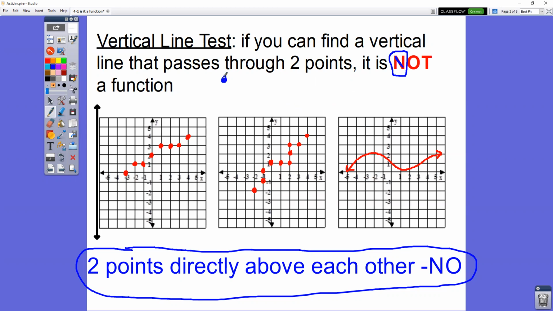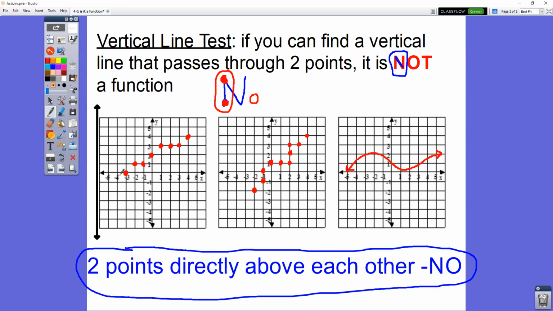In order to make a straight up and down line, you're connecting 2 dots right above each other. That is just like the beginning of the letter N in no. So anytime we have 2 dots directly above each other, it is a no.